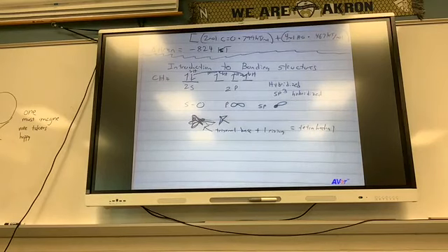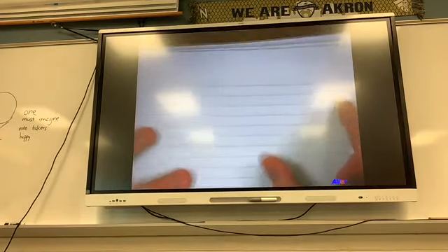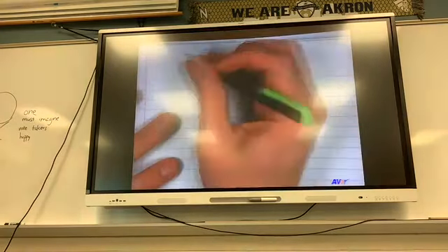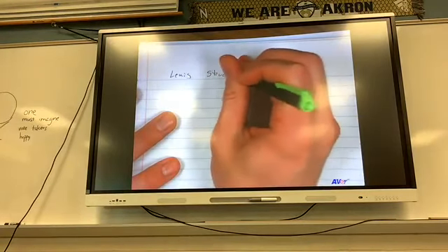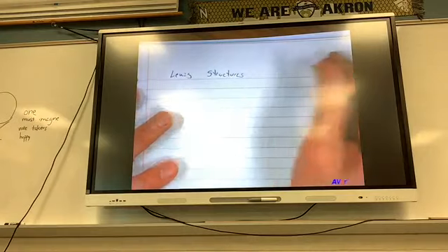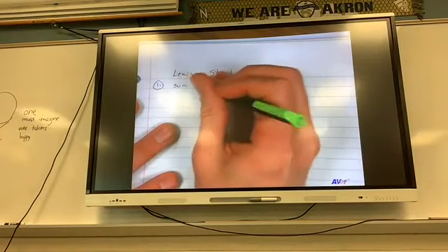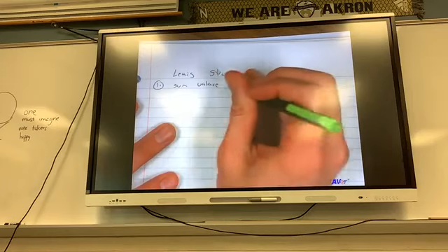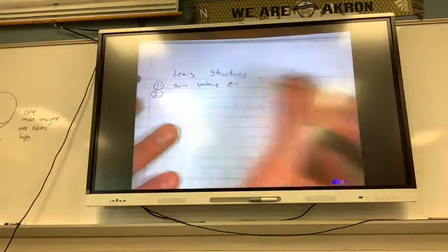So let's talk Lewis structures. We had been drawing some of these, but I'm going to officially make this so we know the actual rules for drawing Lewis structures. Step 1. When you're drawing a Lewis structure, you sum your valence electrons. We've been doing this without even thinking about it.